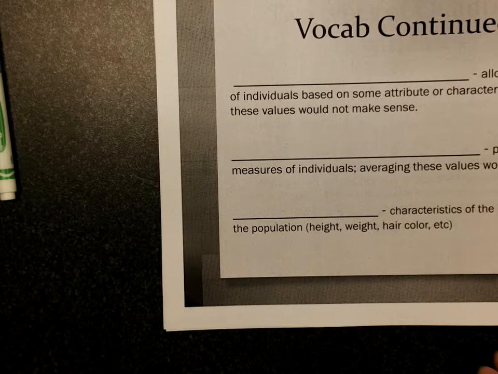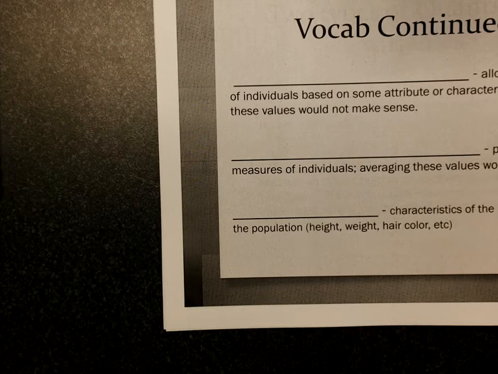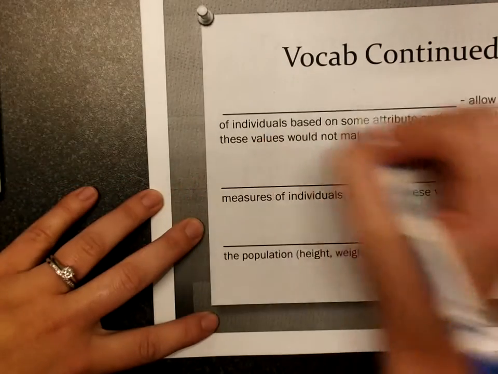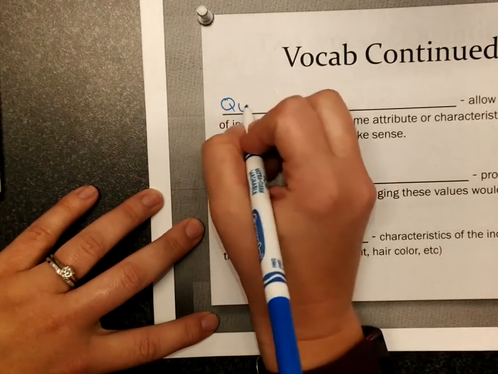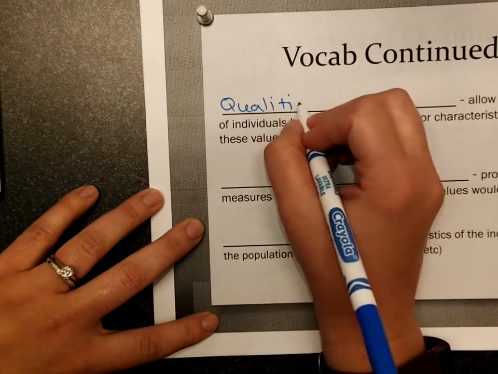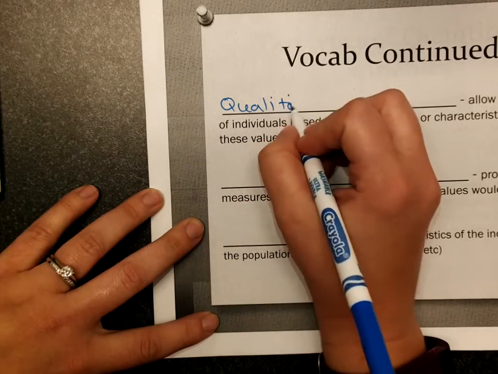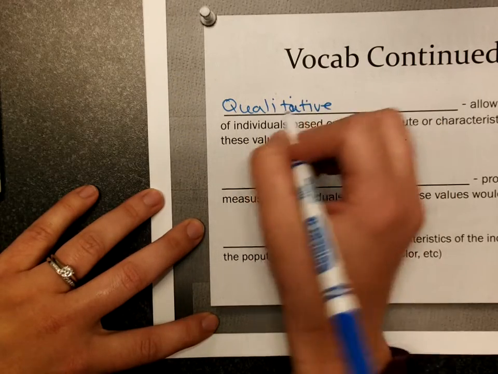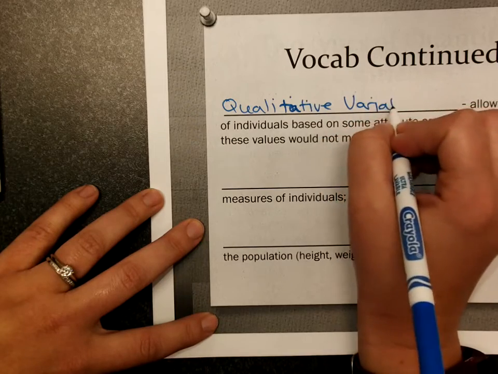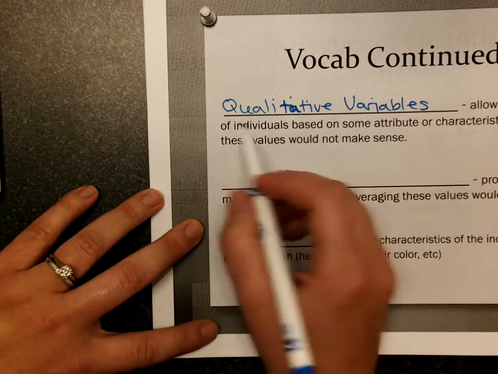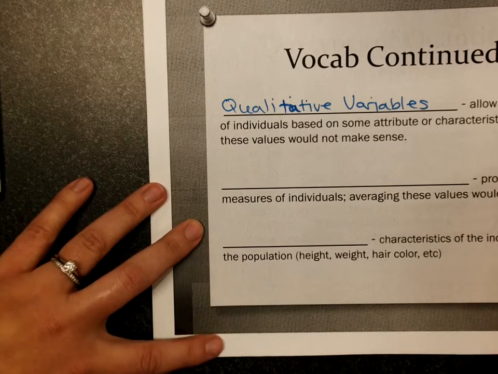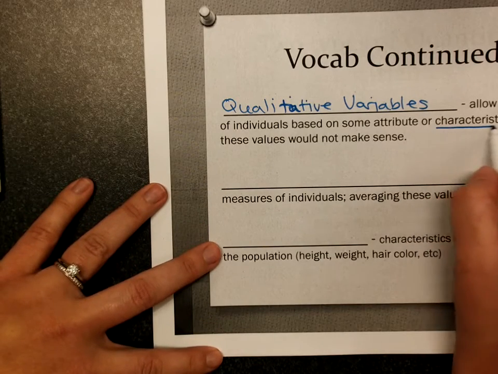Then we have different types of data. The first type of data we call qualitative. Look at that spelling. Qualitative, sorry. And they're called qualitative variables. So qualitative variables allow for the classification of individuals based on a characteristic.